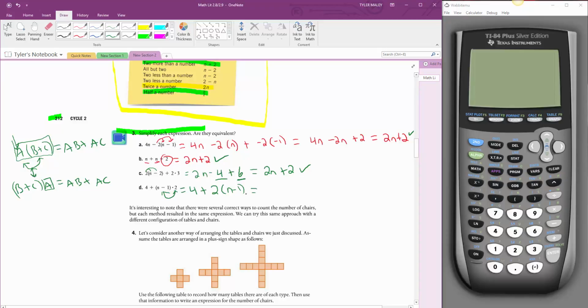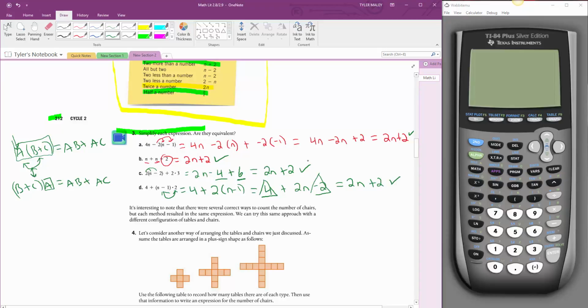And then I can go ahead and distribute. So this would give me 4 plus, 2 times n is 2n, and then 2 times negative 1 gives me minus 2. So then I have this term and this term that are like. 4 minus 2 is 2, so I'm left with 2n plus 2, yet again.